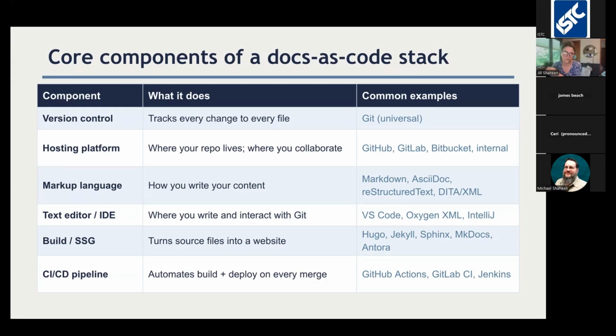So there's different tools that kind of reduce that learning curve a little bit. And then finally, you have a pipeline that's going to automate everything whenever you build your website and then send it out to deploy it out into the world.